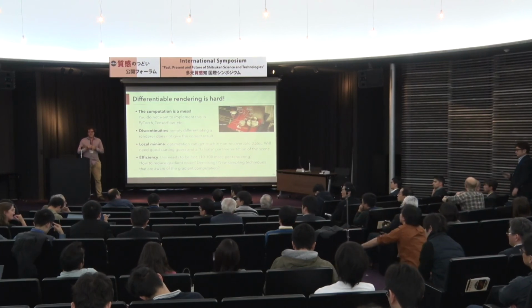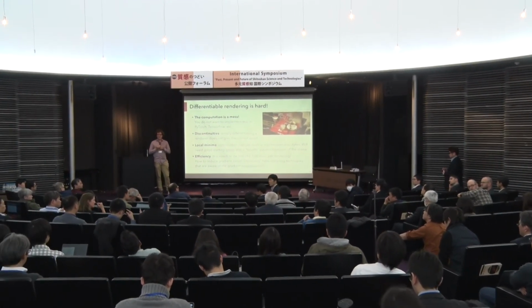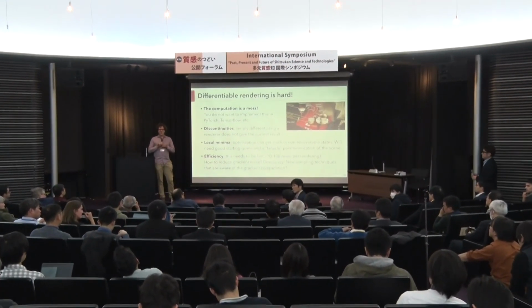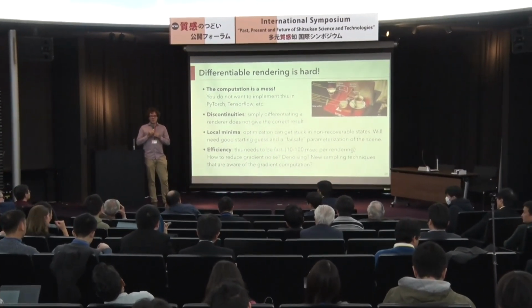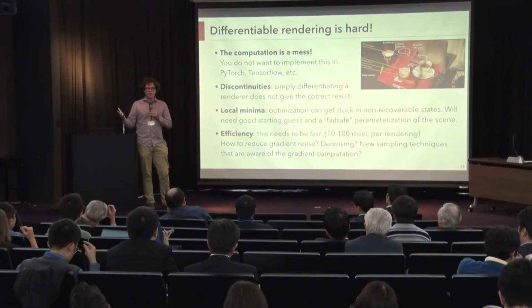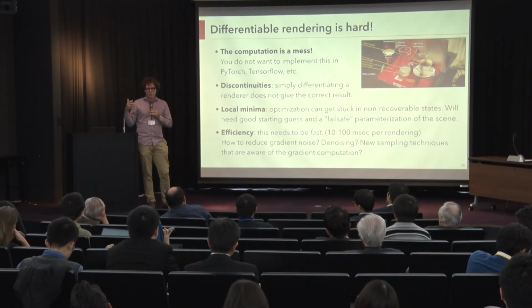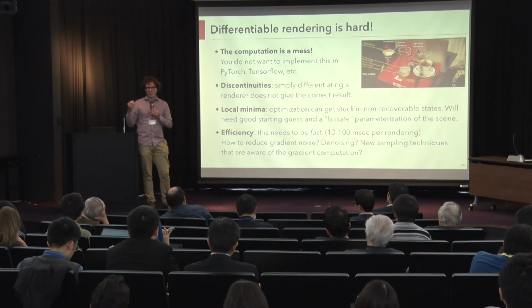I have a question about differentiable rendering, or do you call it backward rendering? The algorithm that's used to do the actual differentiation is called reverse mode automatic differentiation, and in the computer vision community, it's called backpropagation.